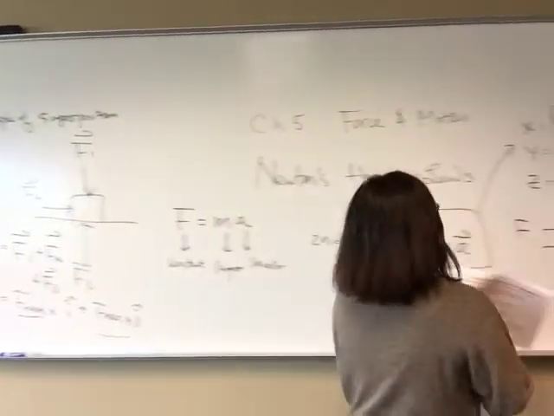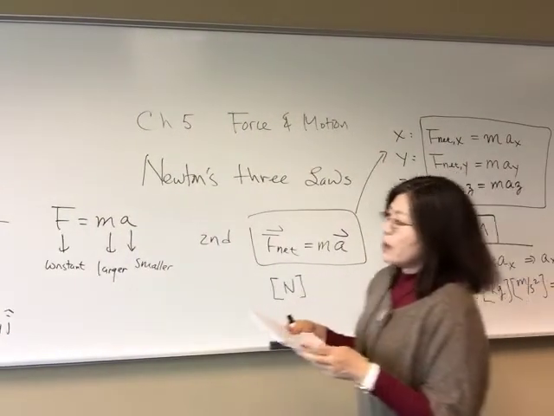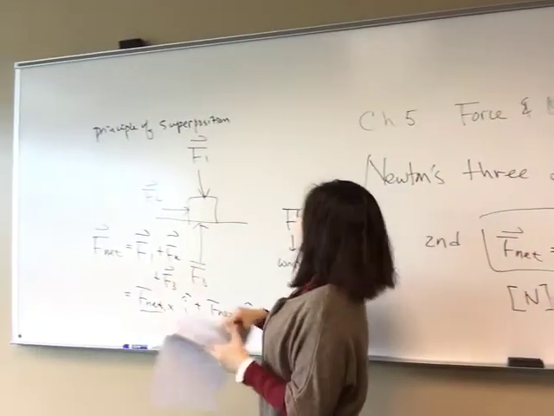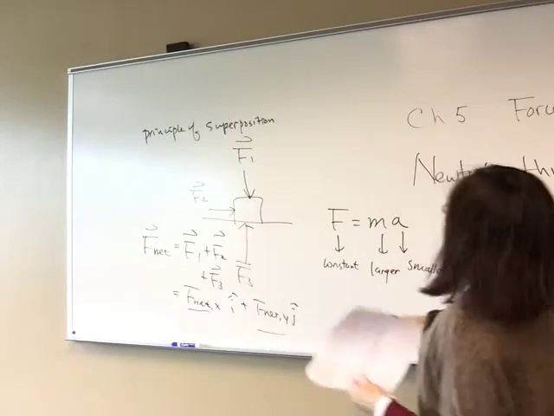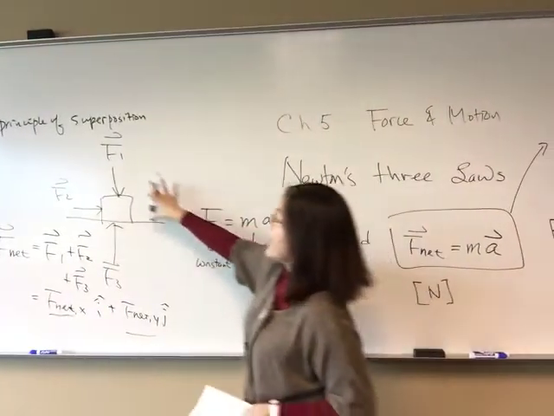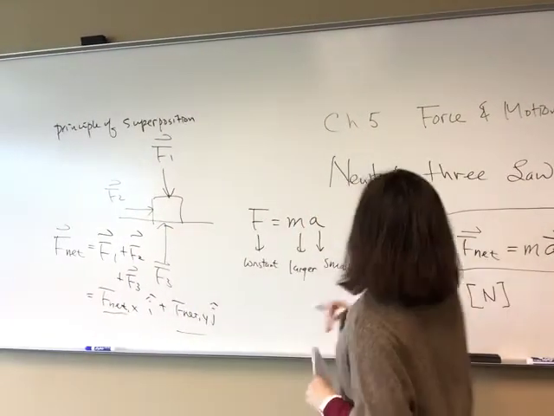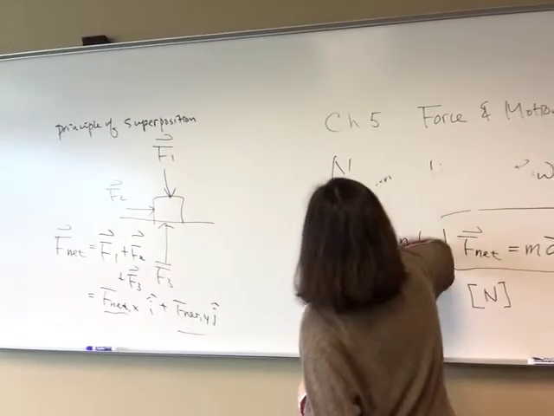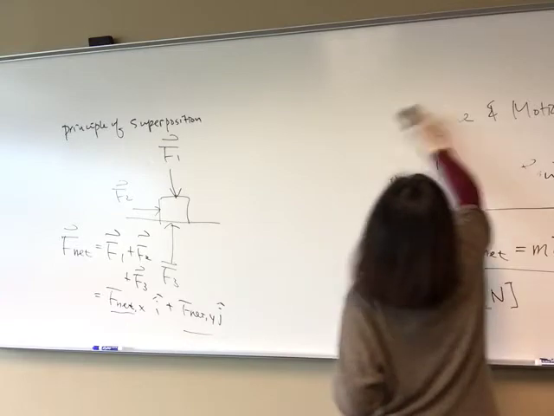Okay, so whenever we do a force problem, whenever we analyze the object, we need to learn how to analyze the forces acting on this object. We call that a free body diagram. So let's look at how we do the free body diagram.